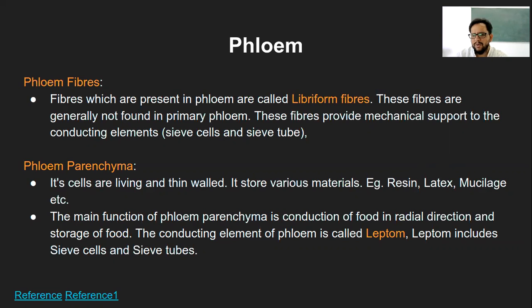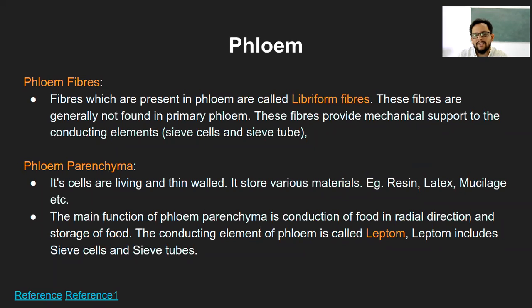They also provide mechanical support to the conducting elements, the sieve tubes, to hold that structure in its place. These fibers are specifically called libriform fibers, which is just an alternative name for phloem fibers.